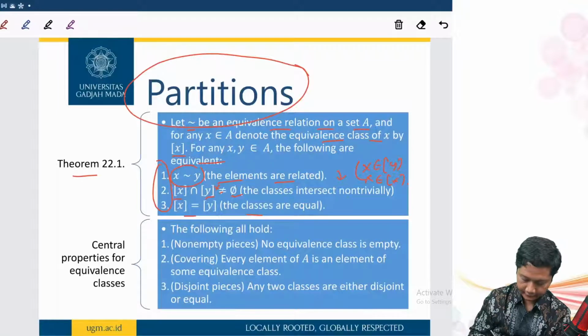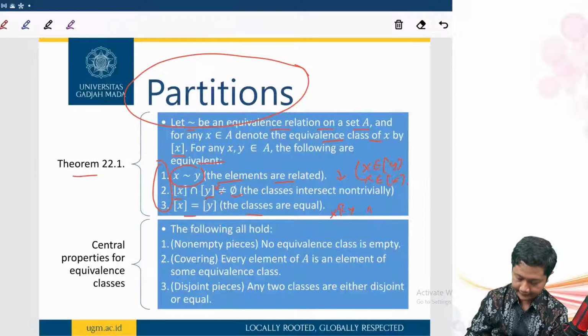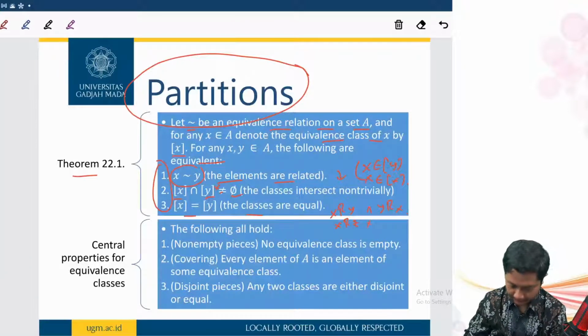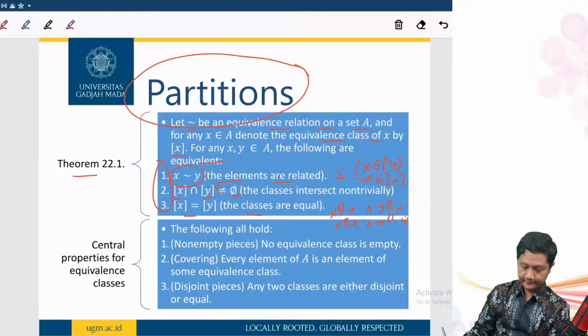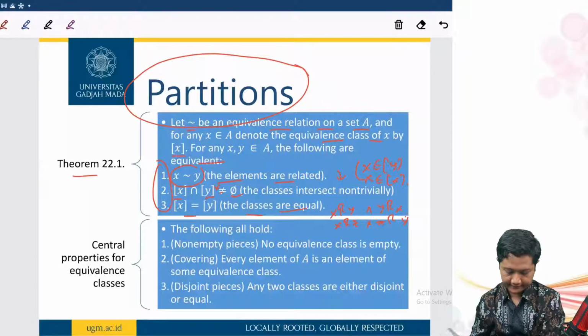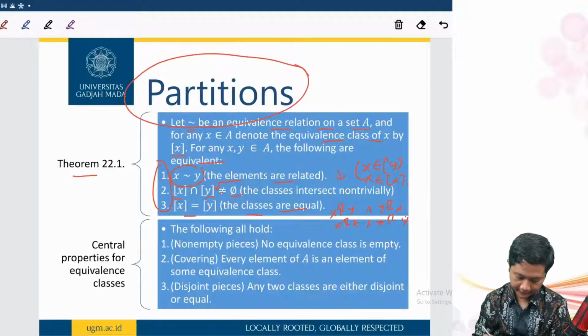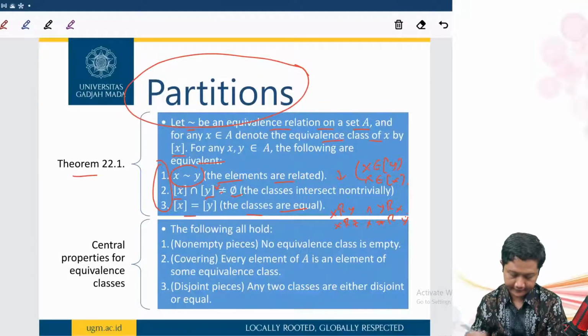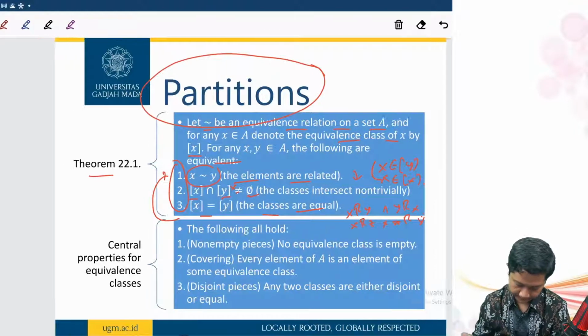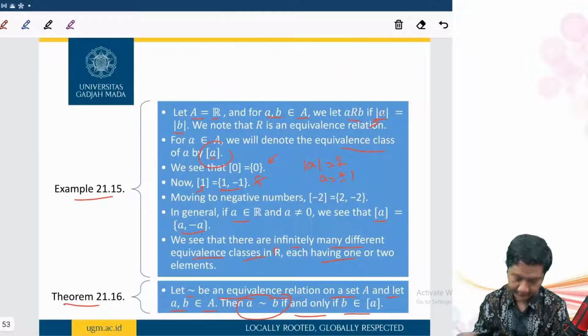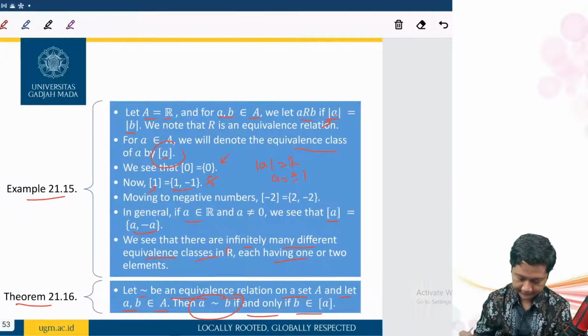Then when X is related to Y, because it is symmetric, Y is also related to X. Or when X is related to Z, then Z will also be related to Y from transitivity. So the classes should be equal. And when the classes are equal, then the two elements are related. So that's the idea of how to prove this theorem, and it is easy, so we leave it as an exercise.